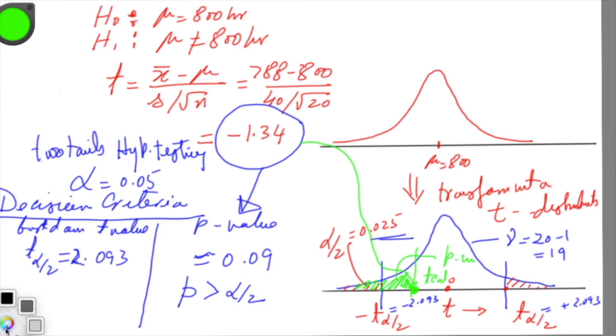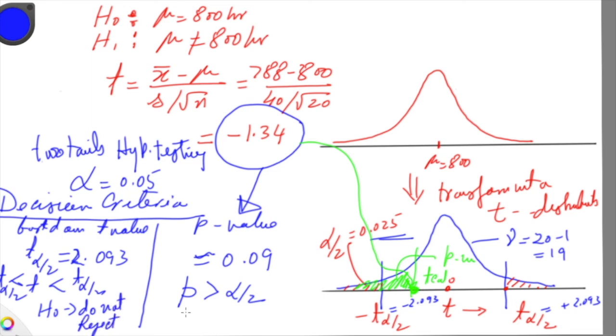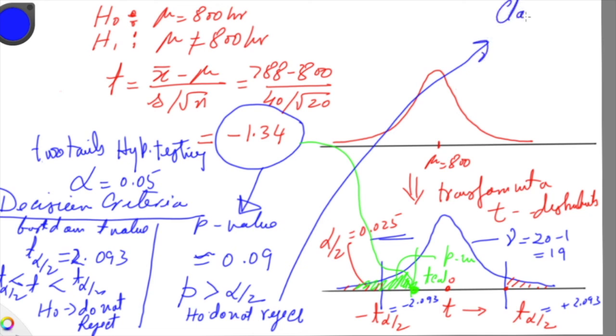So decision criteria will be t is more than minus t alpha by 2 and less than t alpha by 2. So H0 do not reject. Here p is more, so H0 do not reject. So in this case, the final decision is the claim of the company is correct.